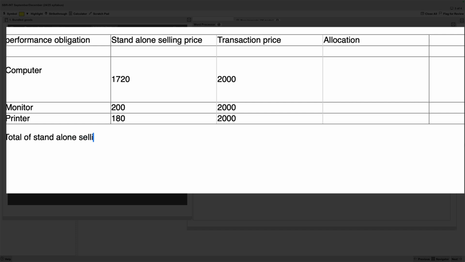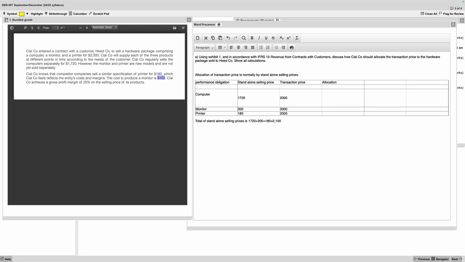Okay, so what we can now do is say the total of the standalone selling prices is 1720 plus 200 plus 180. And I would write it down like that actually, just in case you don't put it in right. You could use the calculator. Let me quickly show you the calculator.